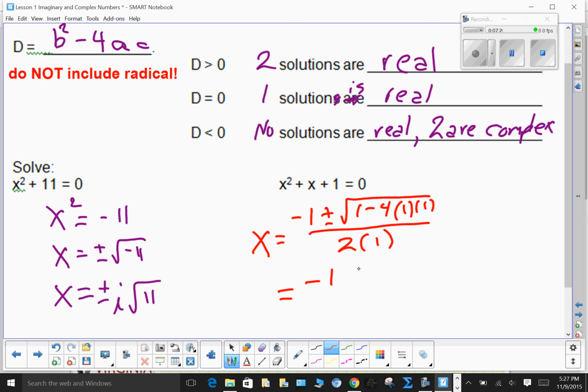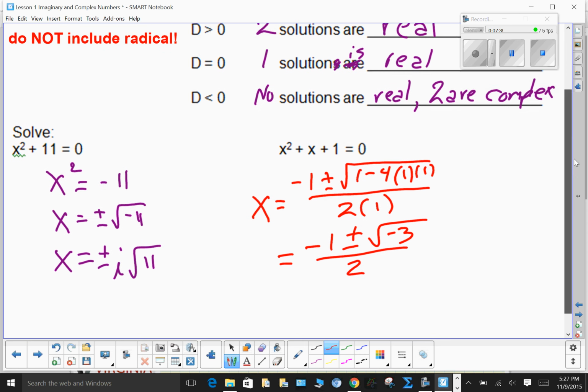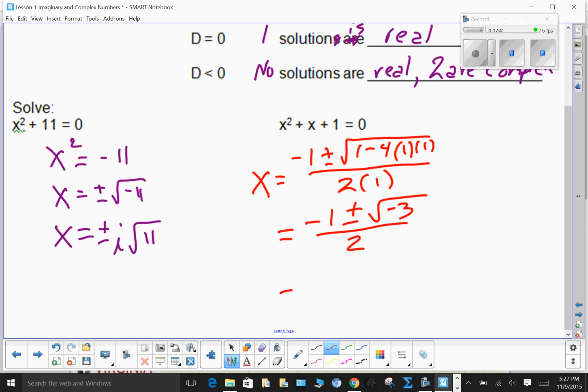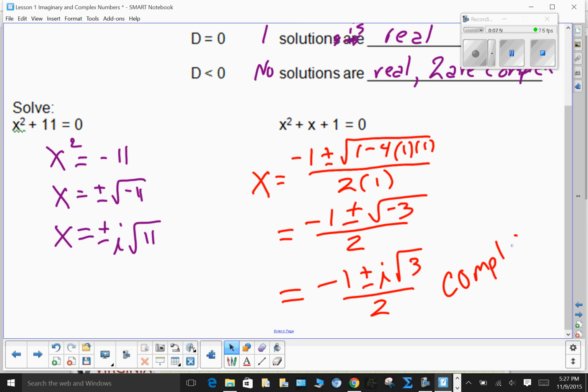This is negative 1 plus or minus the square root. 1 minus 4 is negative 3 over 2. I don't leave the negative 3 underneath the radical. I have to bring it out. So I have negative 1 plus or minus i root 3 over 2. My complex solution.